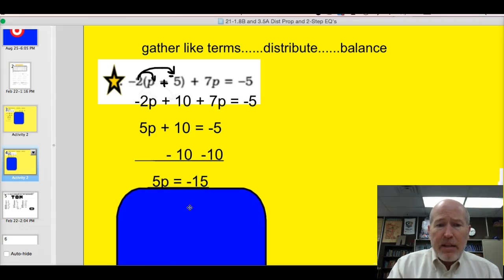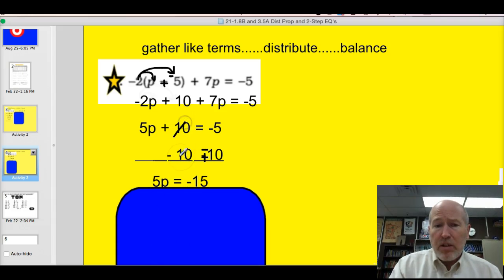That leaves me, we've isolated this down to 5p equals negative 15, because this is really a negative 5 minus a positive 10. Or I like to think about it as a negative 5 plus a negative 10. That helps me see that negative 15 much easier.